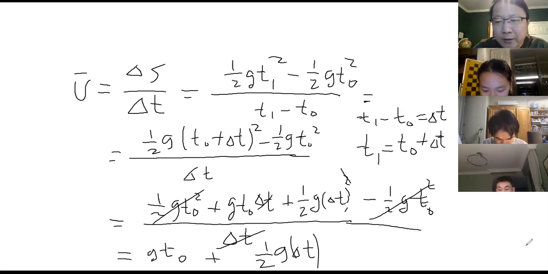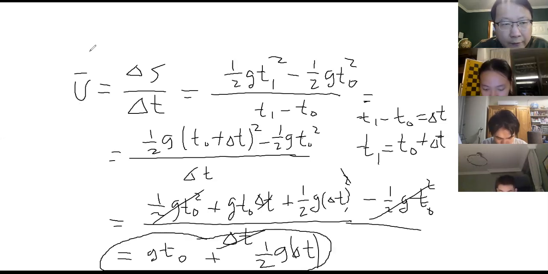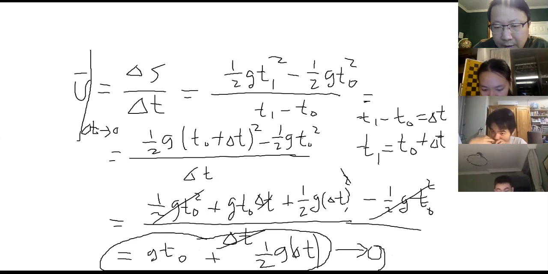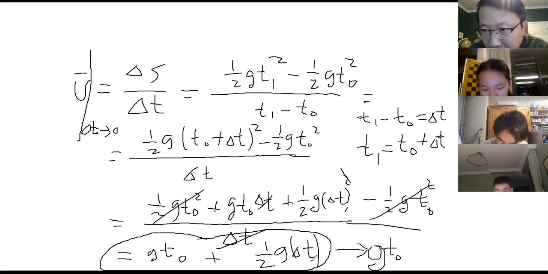Yes, we do. So you have here, if delta t is approaching 0, what does this one become? Here is g t0. g t0 is always there. It's not related to how much delta t you choose. You choose 1 second, 2 seconds, 0.1 second, or 0.001 second. The first term doesn't change, correct?